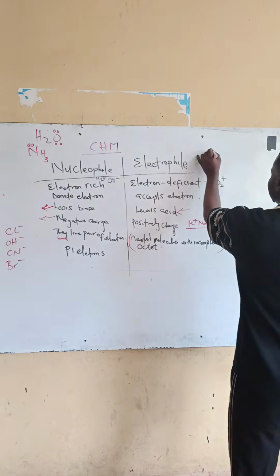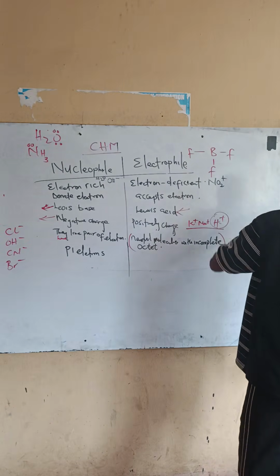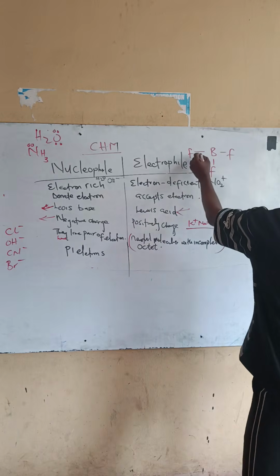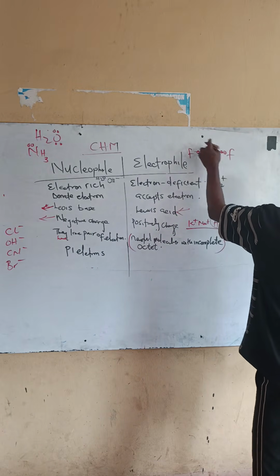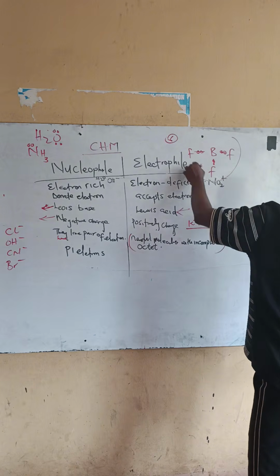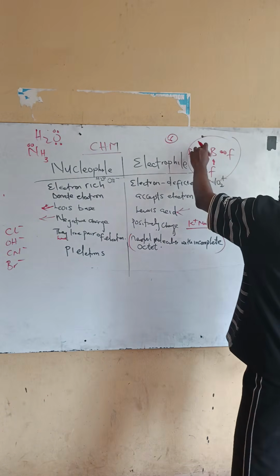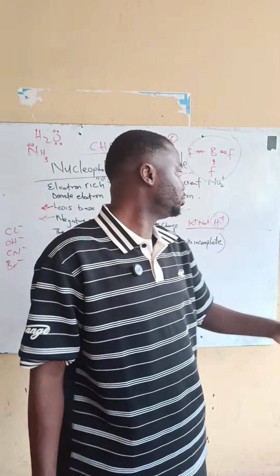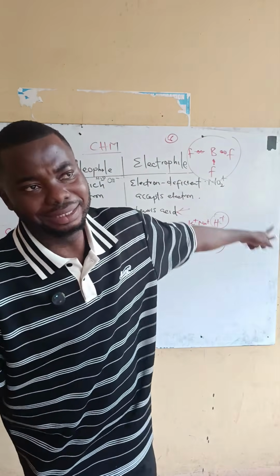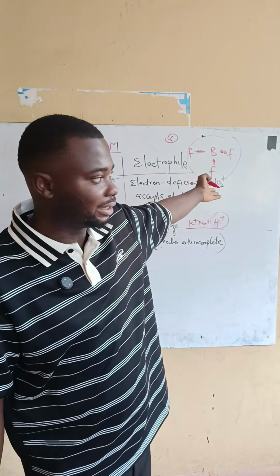For example, look at this guy, BF3. This is the way it looks without a lone pair on it. You can see that there's no lone pair on it, and around this guy there are 1, 2, 3, 4, 5, 6 electrons, which is 6. Normally, what should be around this guy should be 8. It is exhibiting what we call an incomplete octet.